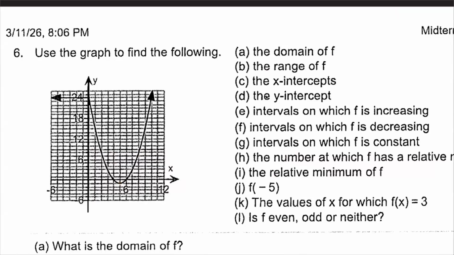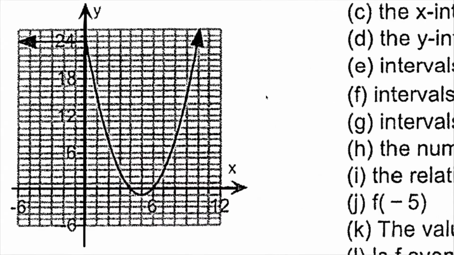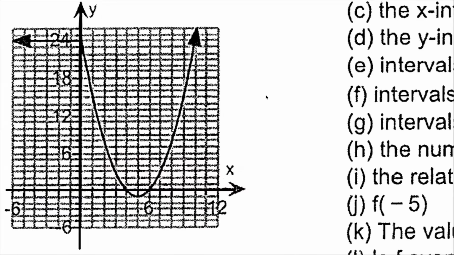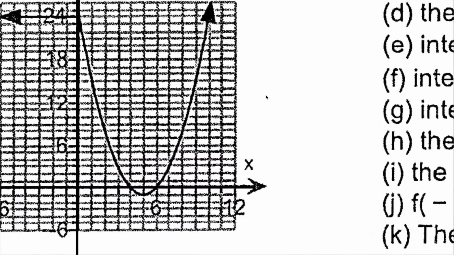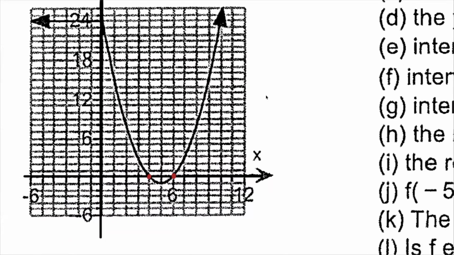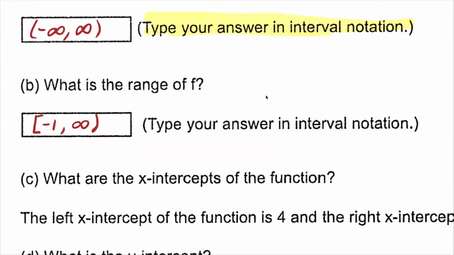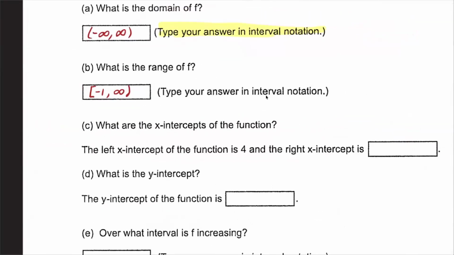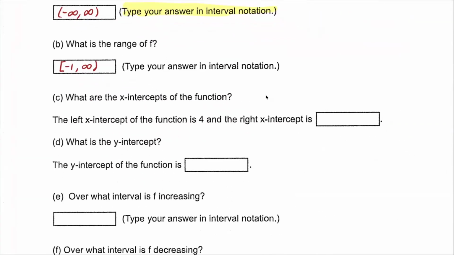The x-intercepts are where the graph crosses the x-axis. The graph crosses or touches the x-axis here and here. That's 1, 2, 3, 4, and 6. It touches the x-axis at 4 and 6. Read whatever the instructions say. It says, what are the x-intercepts?